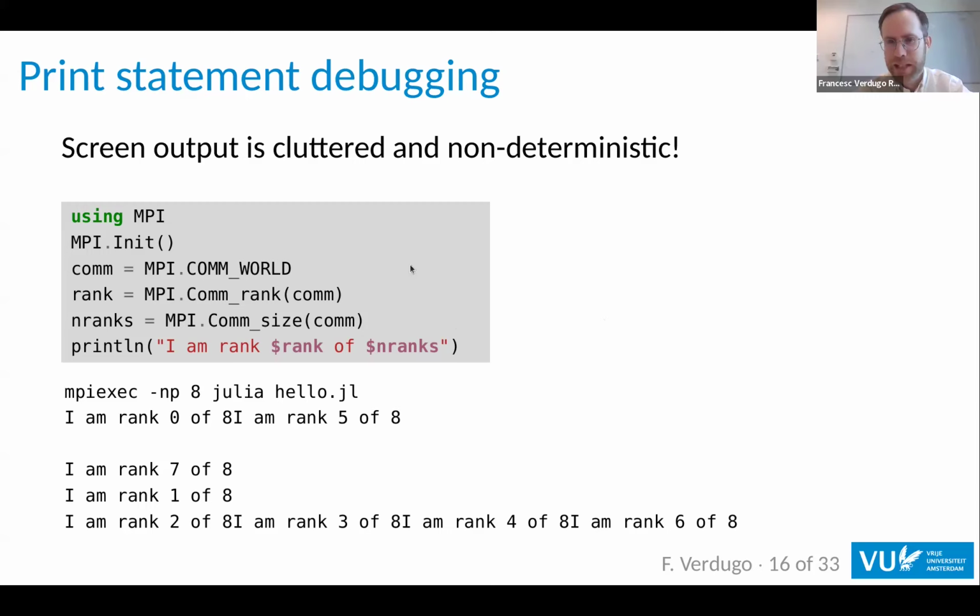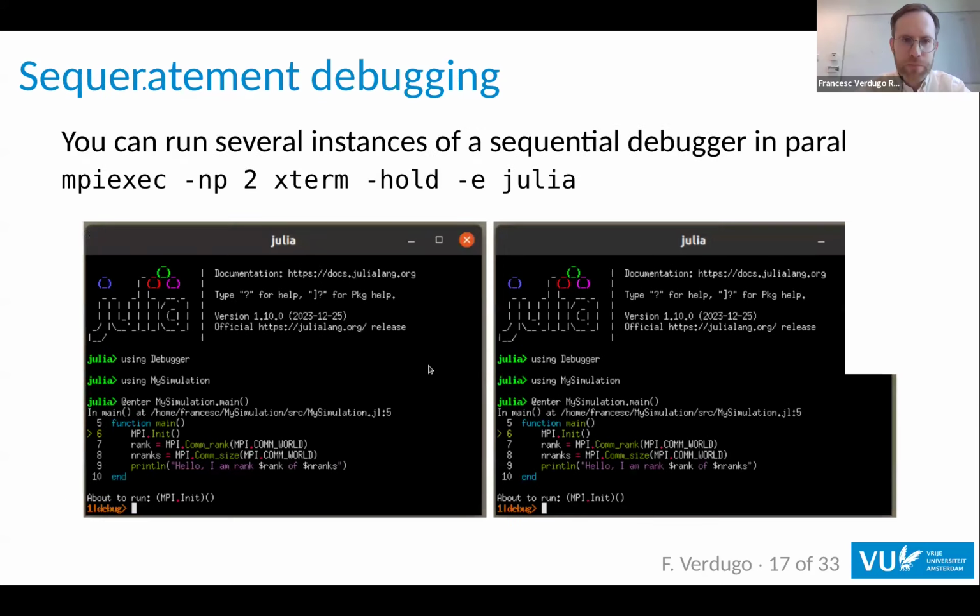This is like the hello world example in MPI. And even this very simple example in which each rank says, hello, I'm rank 1 from 8, right? Even in this very simple example, if you run it with a large enough number of ranks, you get a very ugly output. And this is only with 8 ranks. So imagine if you need to debug your code with, say, 100 ranks. It's going to be very, very challenging.